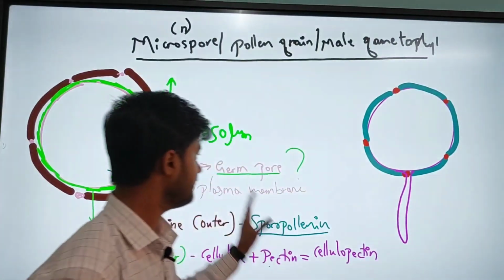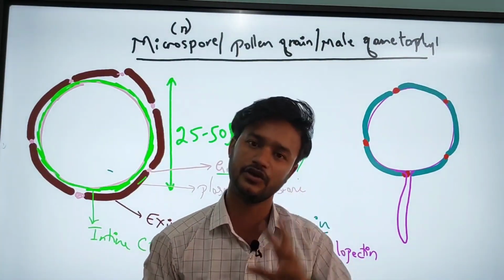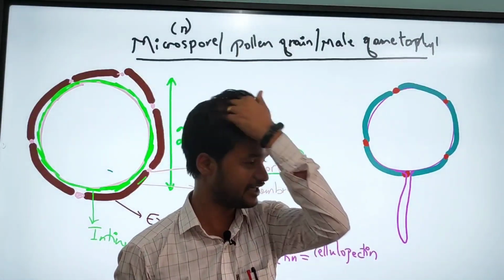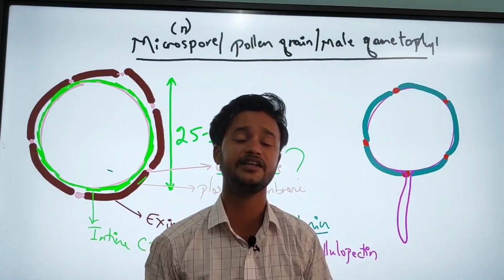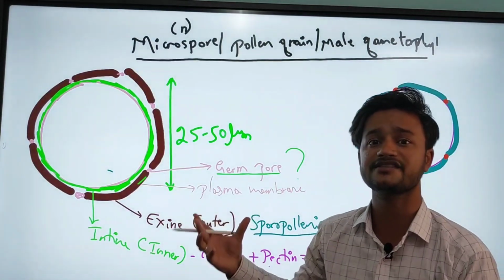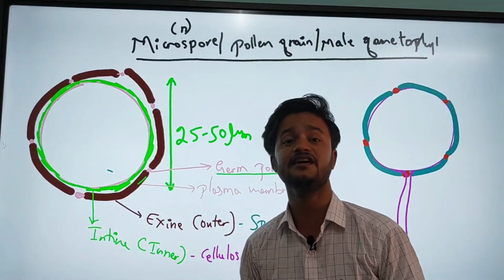So those are the layers covering the pollen grains. There are two layers, called exine and intine. Exine is a very hard, discontinuous layer, because it is made up of the most resistant organic material, called sporopollenin. Hence the pollen grains are preserved as fossils. The inner layer is the continuous layer, the intine.